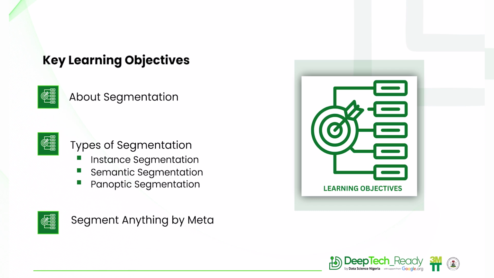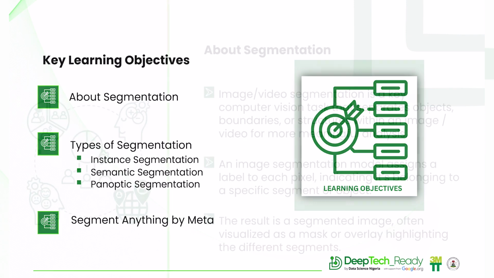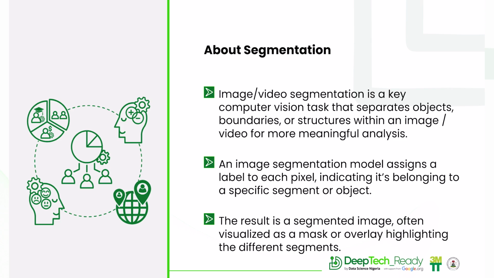So what exactly is segmentation all about? When we talk about segmentation, we're talking about images and videos. Image or video segmentation is a computer vision task that separates objects, boundaries, and structures within an image or video for more meaningful analysis.